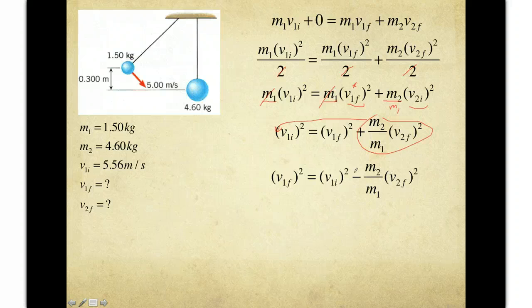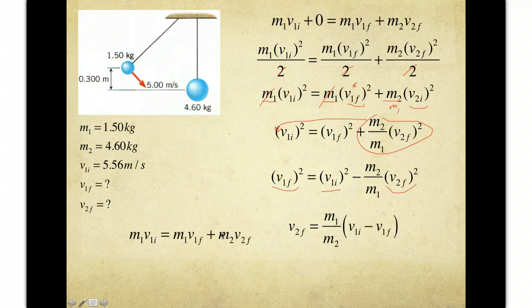Then I'm going to go back. Right now I have a variable, a number, and a variable. So in order to solve this equation, I need to substitute V2 final through V1 final, and I'm going back to that equation over here. I ditched the 0, rearrange, and get my V2 final.